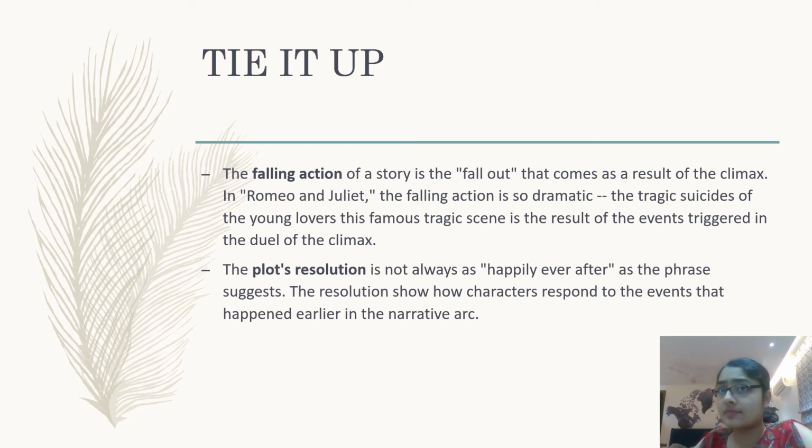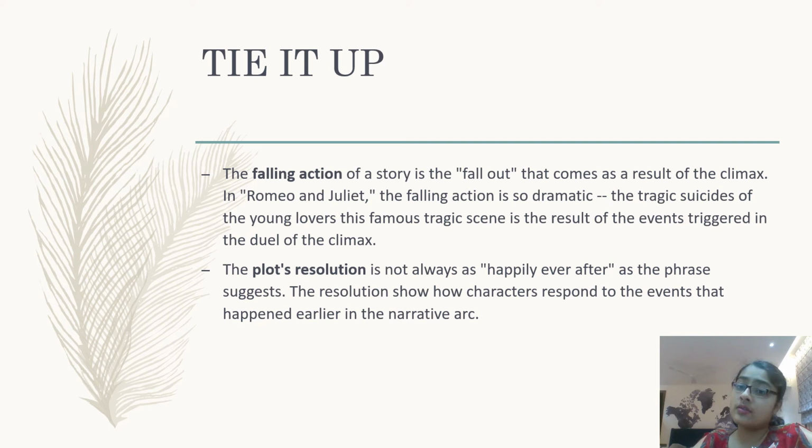It's very tragic, and both these characters who are in love with each other decide that they're going to die. And that is our falling action because it's the result of the climax. So the result of the climax is called the falling action.